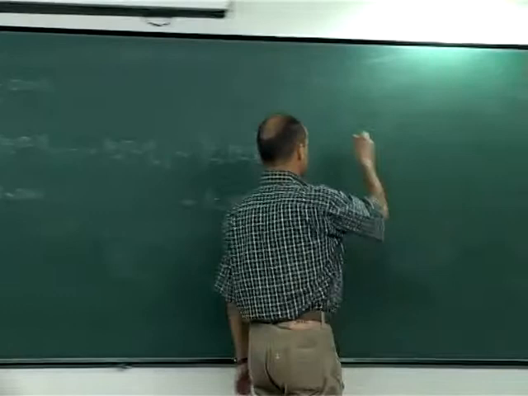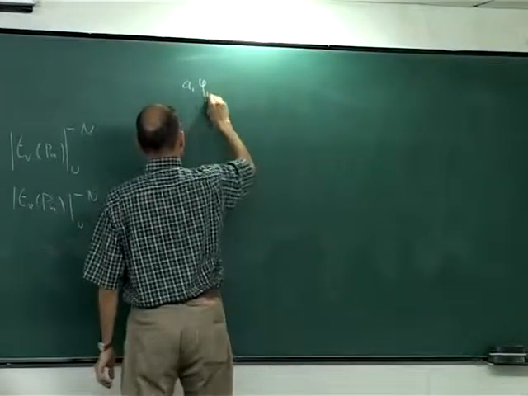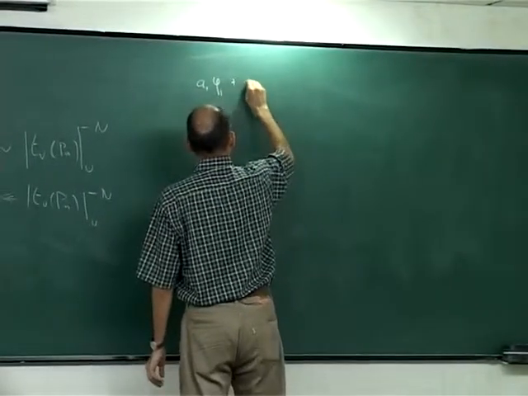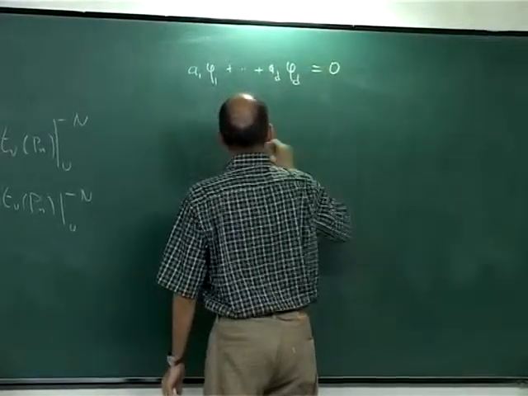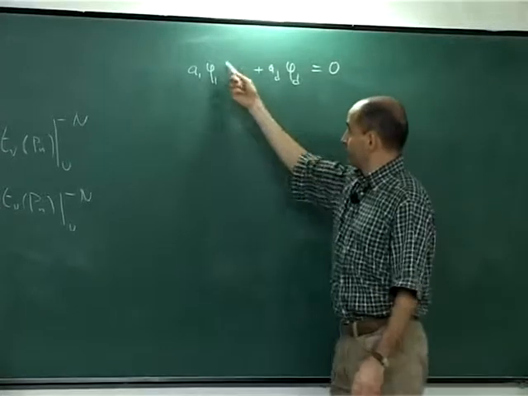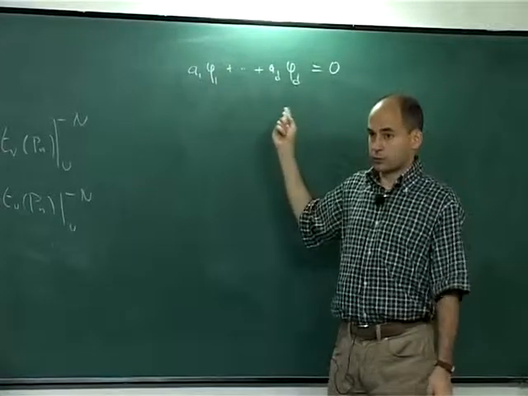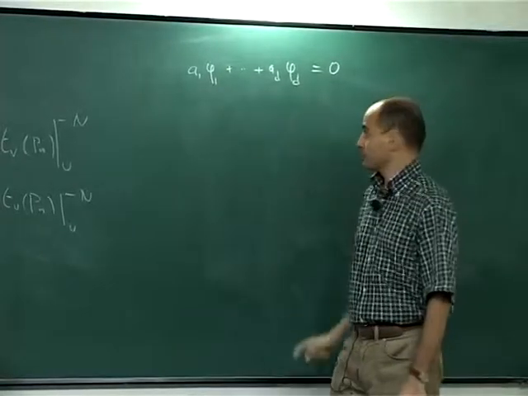So there are linear equations of the form a1 phi 1 plus a d phi d equals 0, which are satisfied whenever I calculate this function on the sequence Pn.